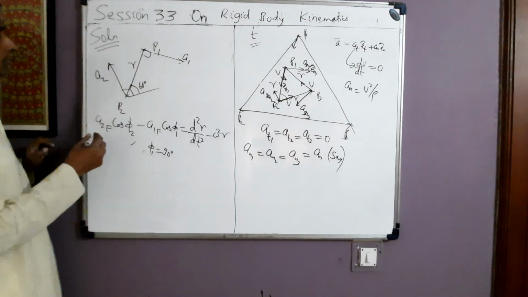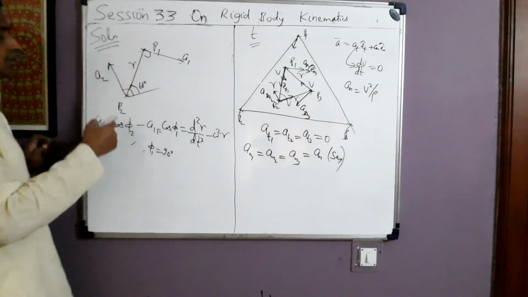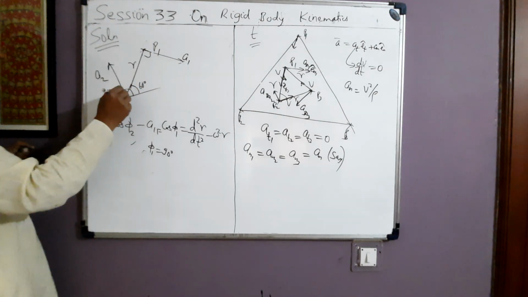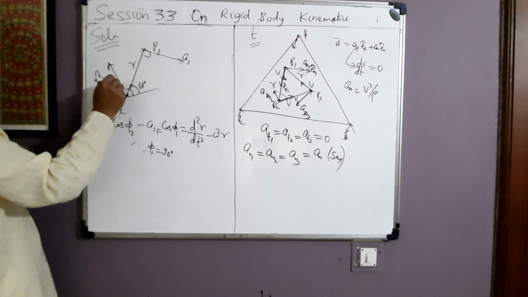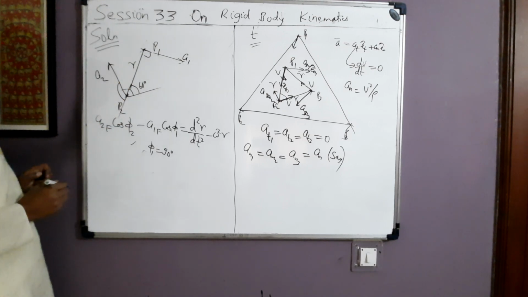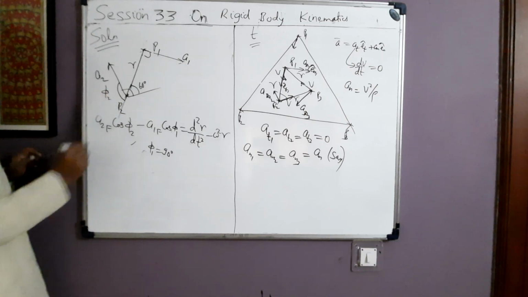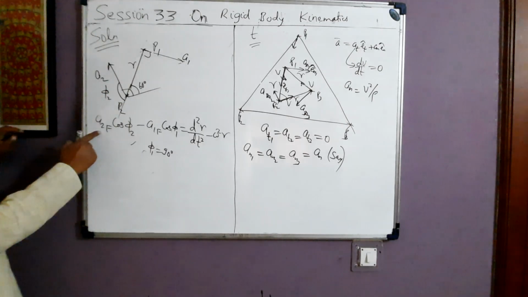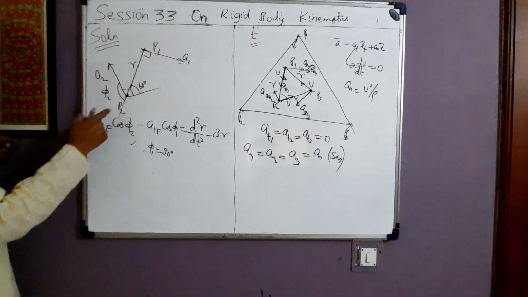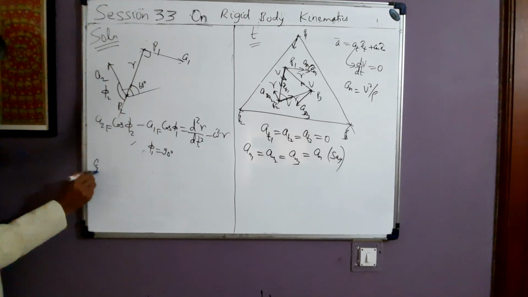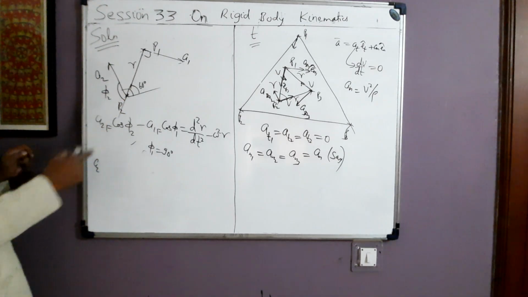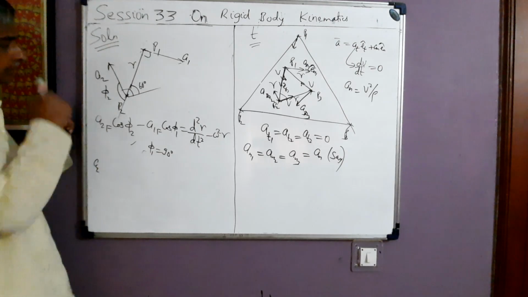What about phi 2? Phi 2 is this angle. So now what do we write here? A2f, just the acceleration of P2, where f is the ground frame. Phi 2 is how much?